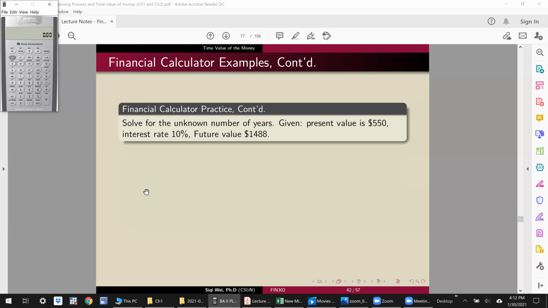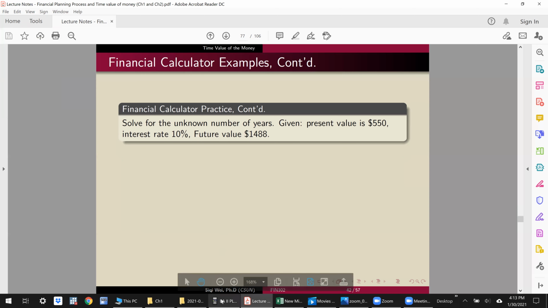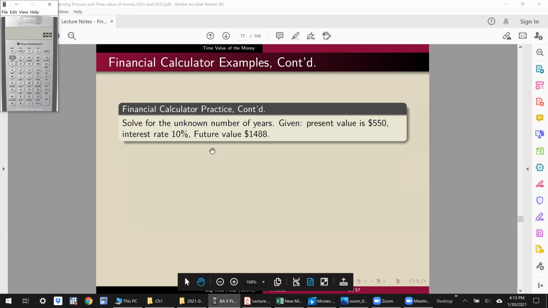In the video from Wiley Plus, I don't think it clearly says that, so I want to emphasize that a little bit. Back to this question, given the present value of 550, you press 550 negative, and that's your present value. Future value is 1488, and the rate is 10%.